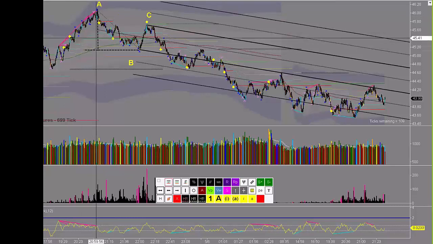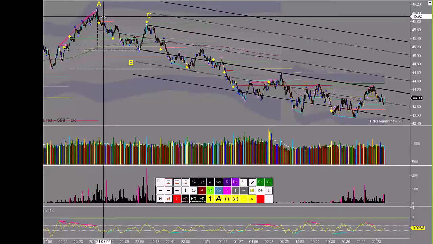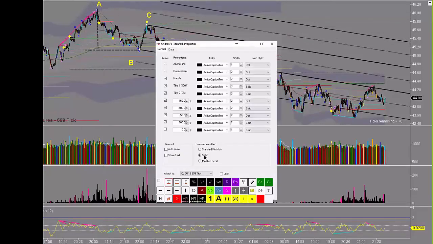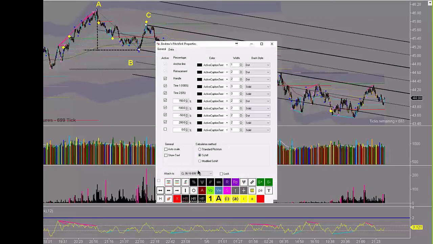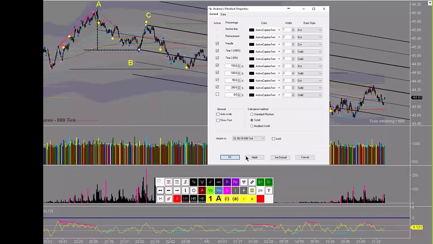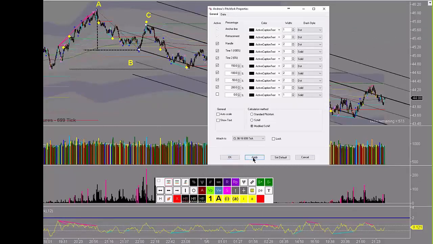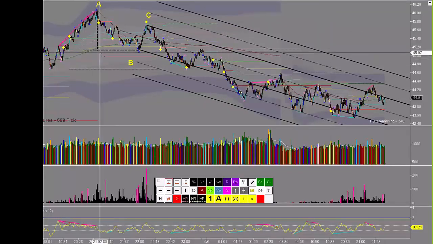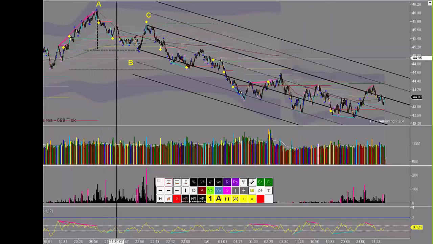Now, that is for a Schiff pitchfork. Now, when I change it to a modified Schiff, look what happens to the A starting point. We've also now moved 50% forward in time.